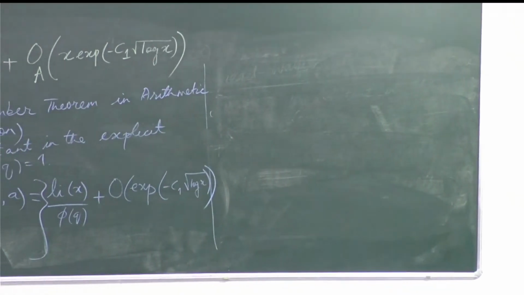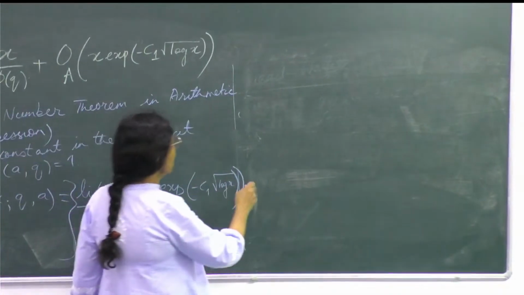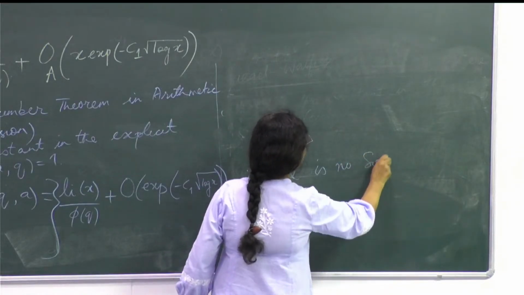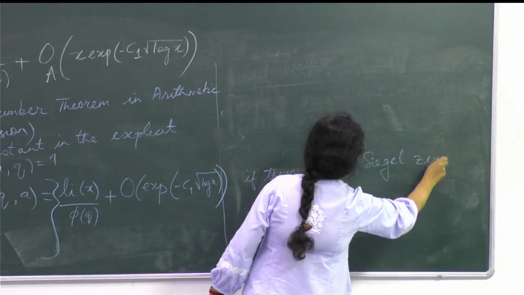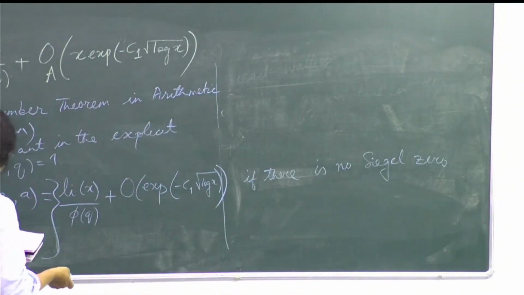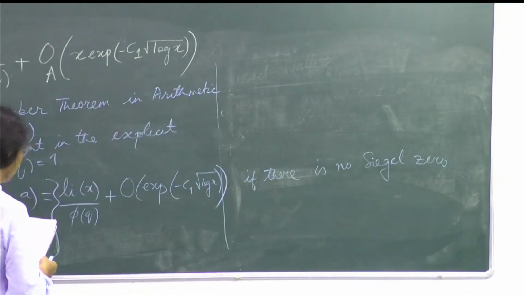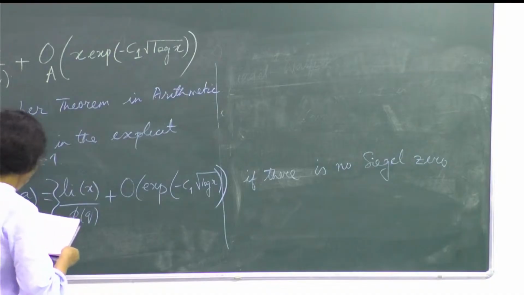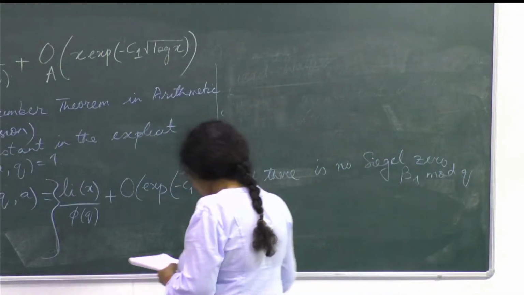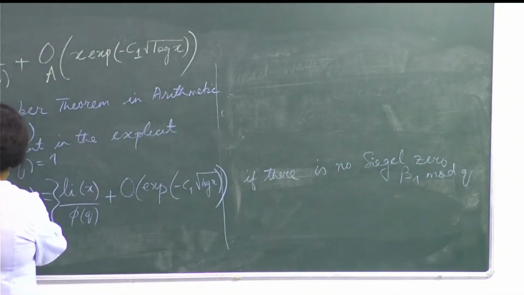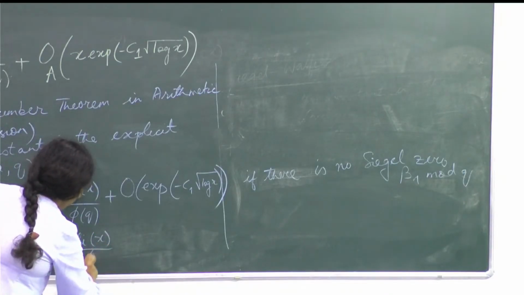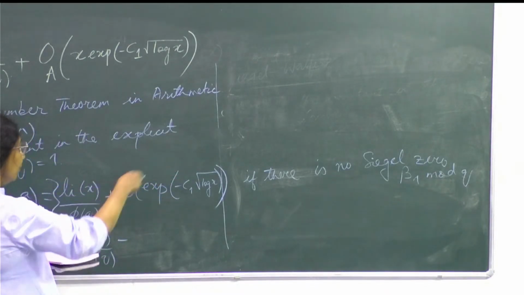And if there is a Siegel zero, which is beta 1, and of course, then pi, and there is no Siegel zero modulus q, otherwise it is equal to the logarithmic integral over phi q always, and then comes a term which will involve the betas.